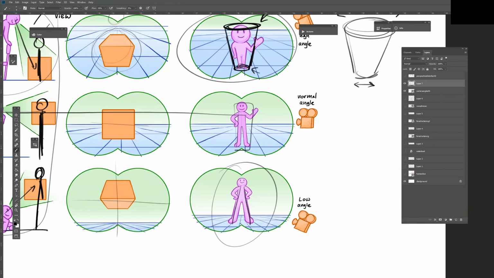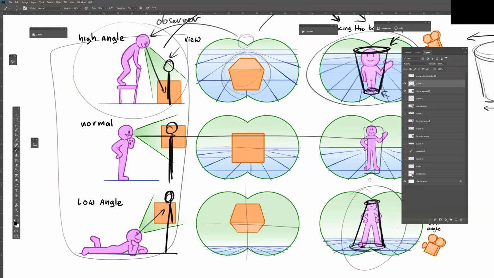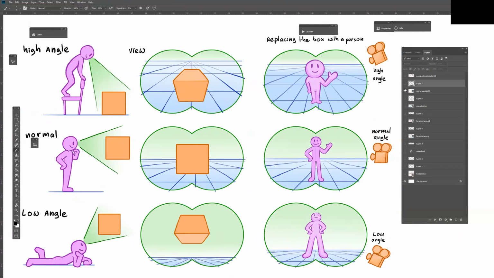So you can see this. Again, we can draw this cylinder here as well. So we're really looking at different angles at that person. That's what I'm trying to show in this image.